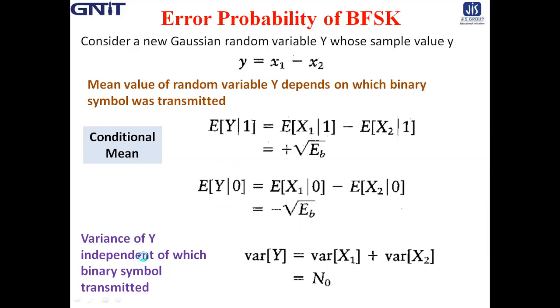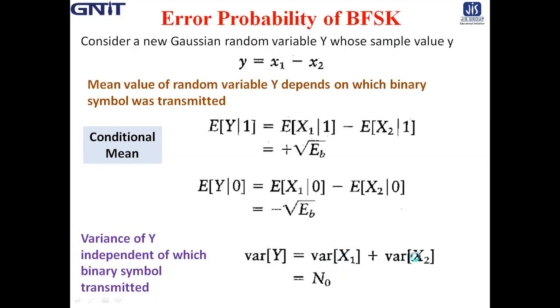Now the variance of the random variable y is independent of which binary symbol was transmitted. Since the random variables x1 and x2 are statistically independent, each with a variance equal to N0 by 2, it follows that variance of y equals variance of x1 plus variance of x2.